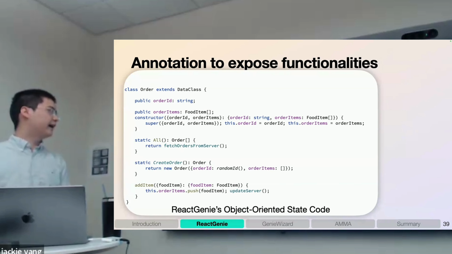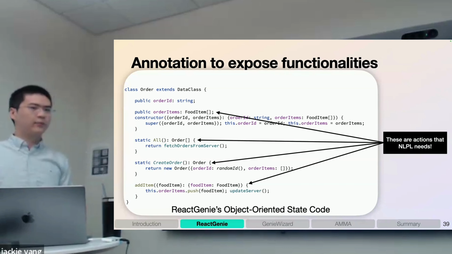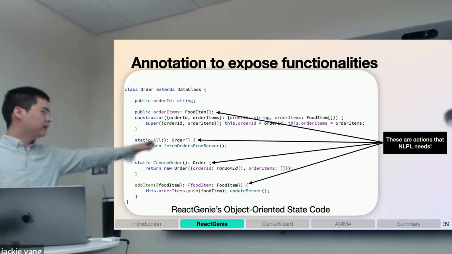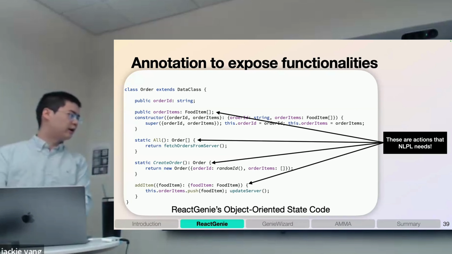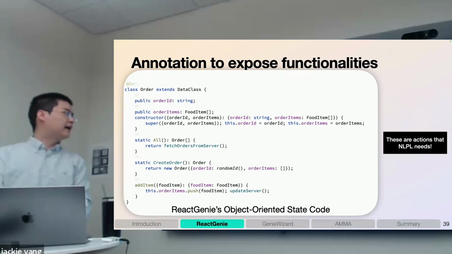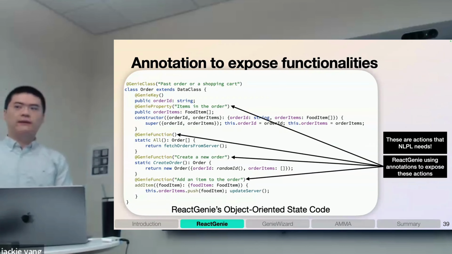By doing it this way, we can see that those actions and those parameters are basically what NLPL needs. NLPL is basically executing some of those functions and retrieving some of those properties to do what the users want. So to make it super easy for developers, we simply ask them to add some annotations. And by reading those annotations automatically, React Genie's library will be able to figure out what the features in the app are so that we can generate proper NLPL using large language models.